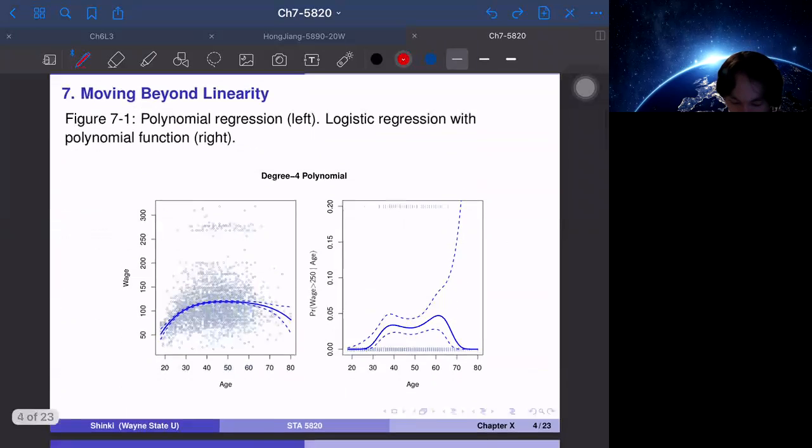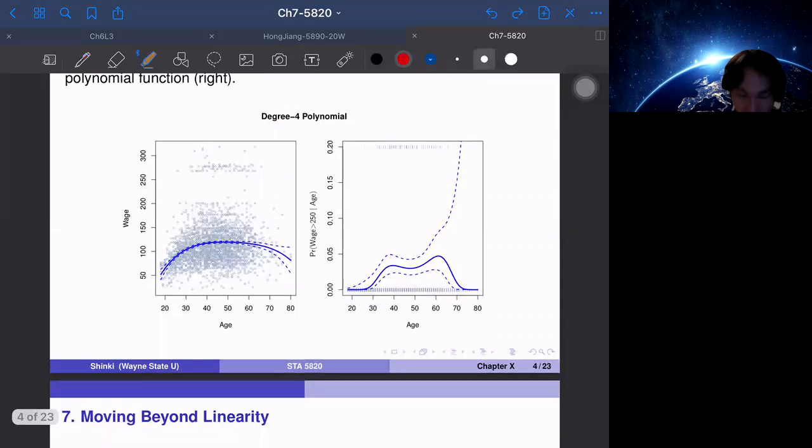This is the more general one, and actually this is one case where polynomial regression worked well. So this is age, and this is the wage. I think in the United States, maybe 45 to 50 years old is when wage reaches the maximum.